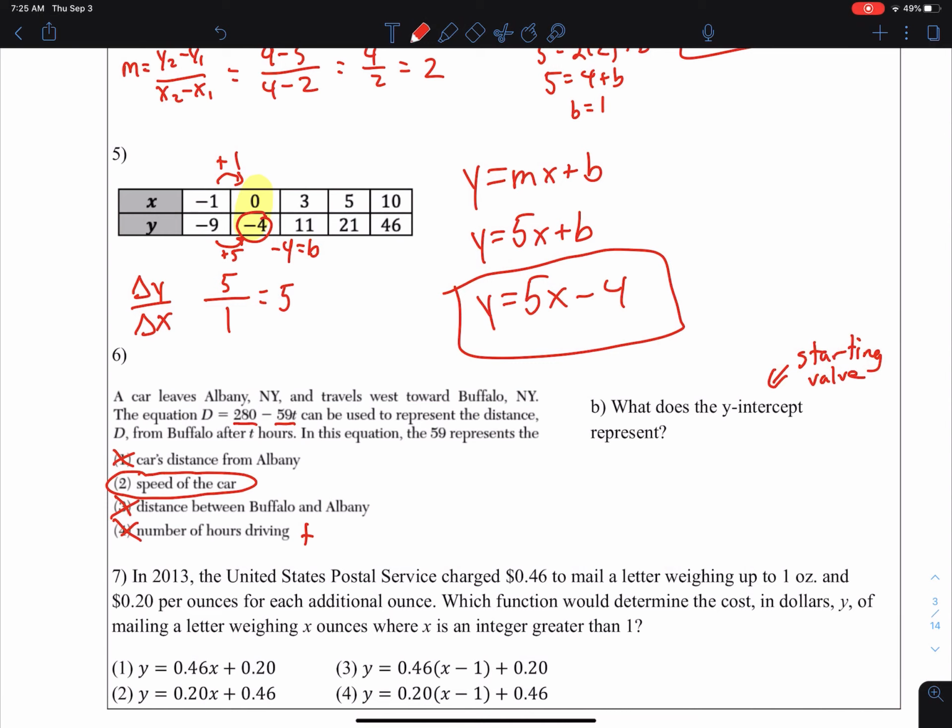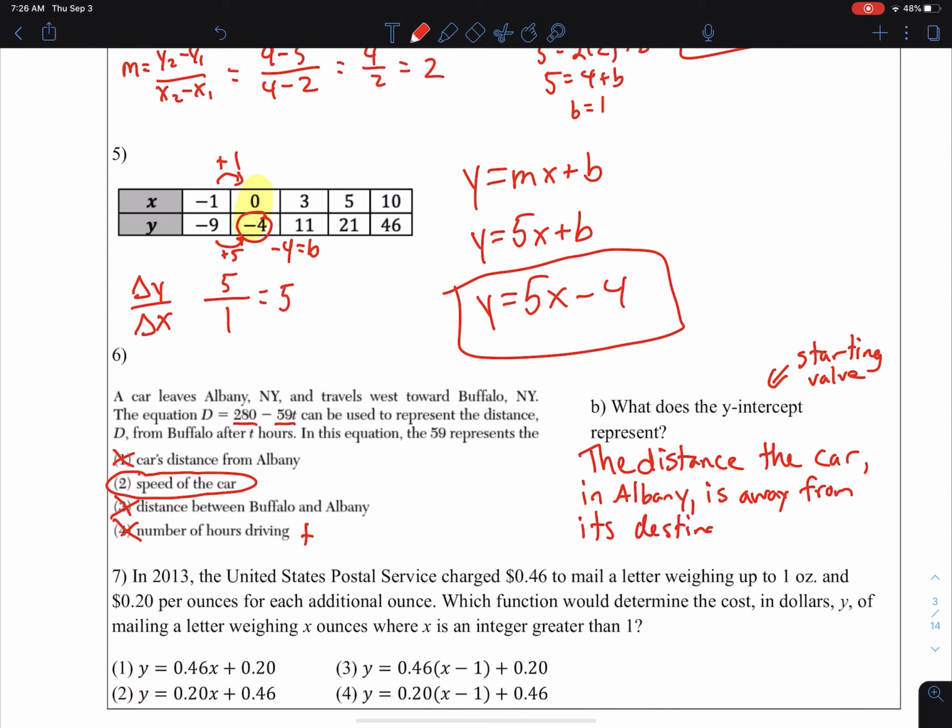So that is the distance the car in Albany is away from its destination in Buffalo.